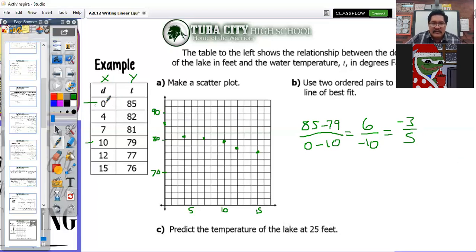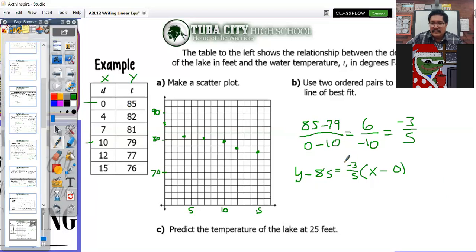Now I'm going to plug it into one of my points. I'm going to plug it into my top point using the exact same thing I had earlier. So plug in my y value, which is 85, which I need minus 85. I'm getting ahead of myself here. Negative 3/5 times x minus 0.